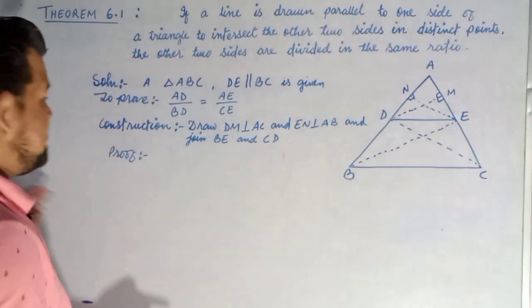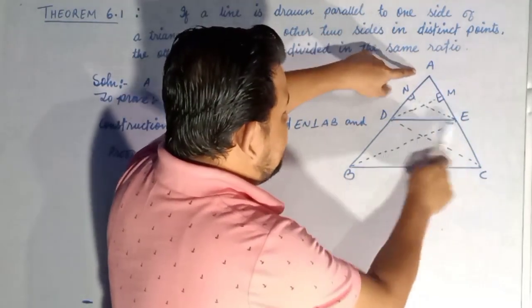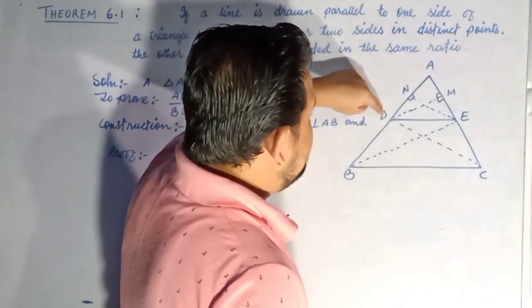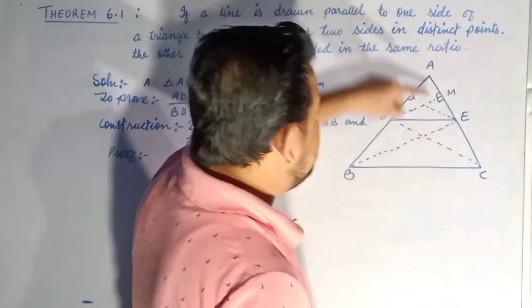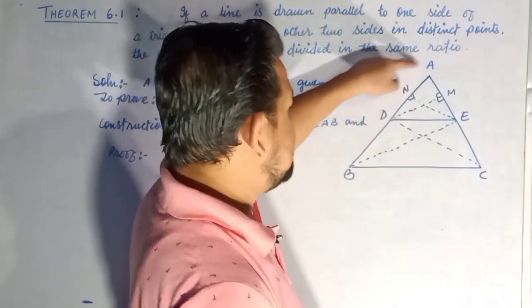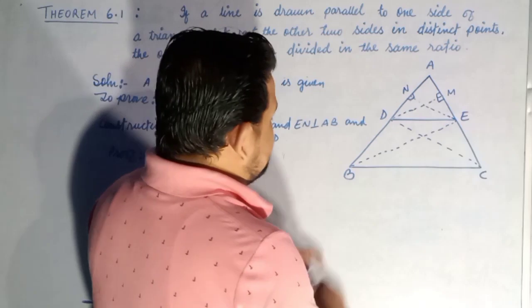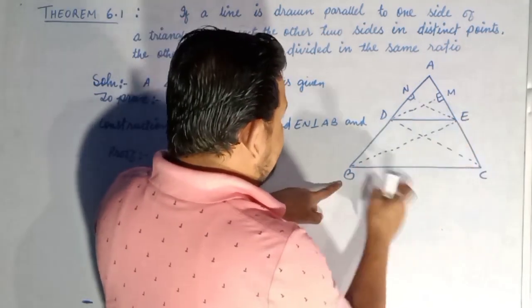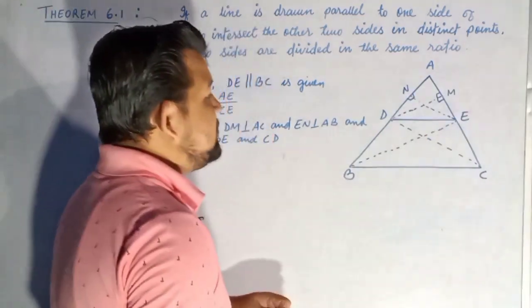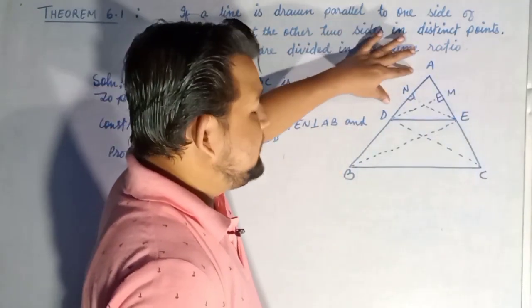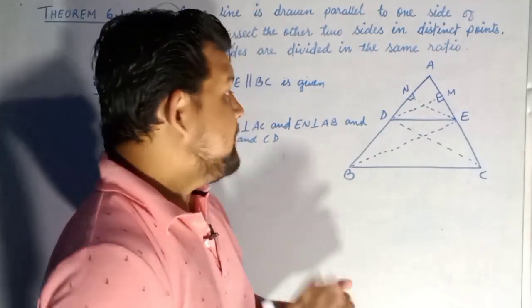To prove this, we can see here ADE is a triangle, and what we have drawn, DM is perpendicular to AC, as well as EN is perpendicular to AB, and we have one more triangle, that is BDE. Now we know that the area of a triangle is equal to half into base into height.